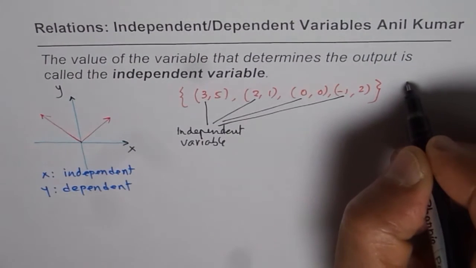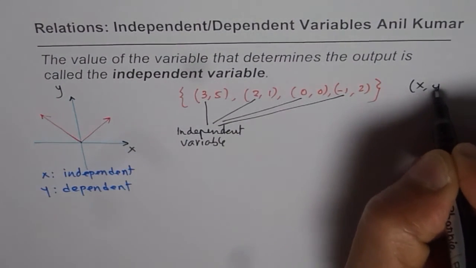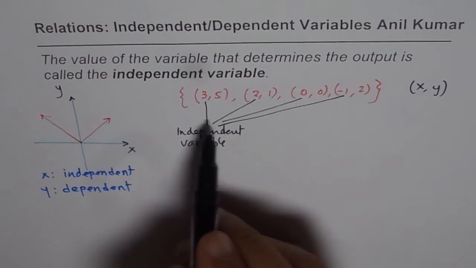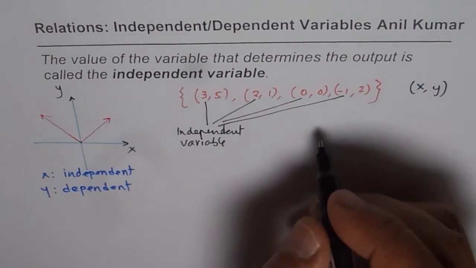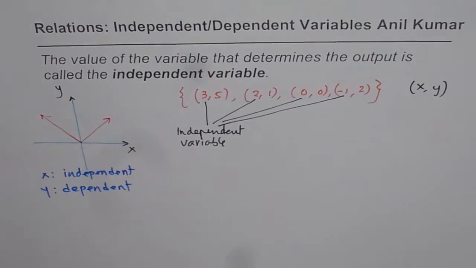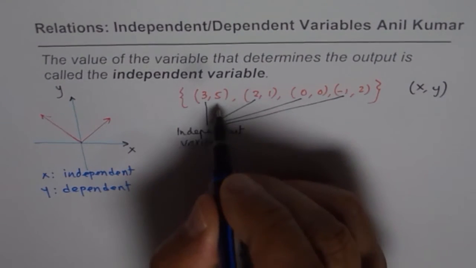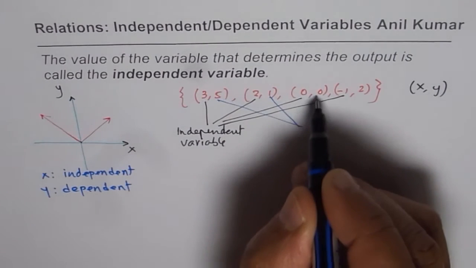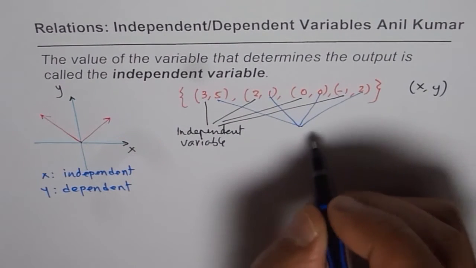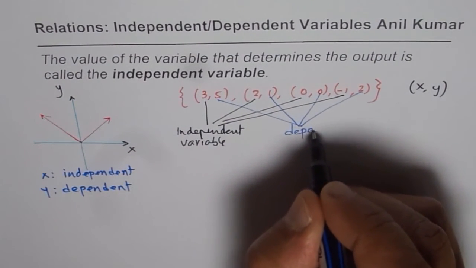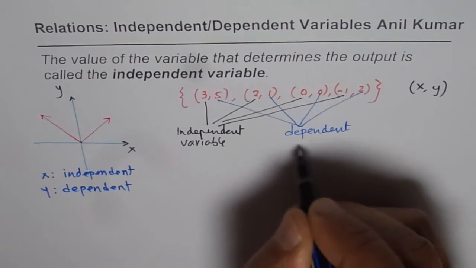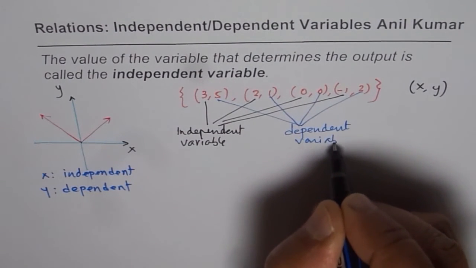So the general point is (x, y). Do you see that? So the x coordinate points are independent, and the other ones, the y coordinate points, represent the dependent variable.